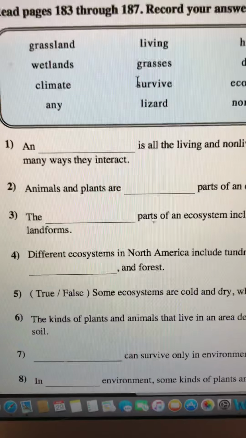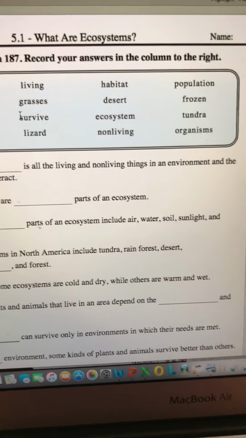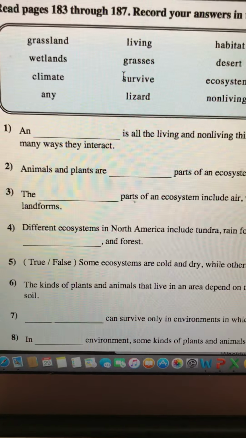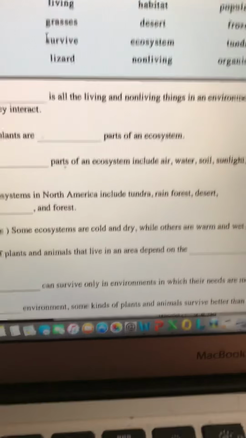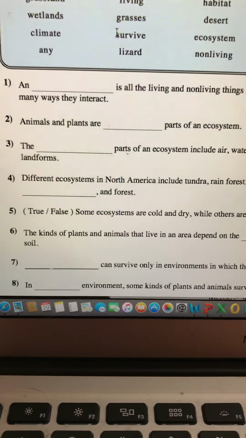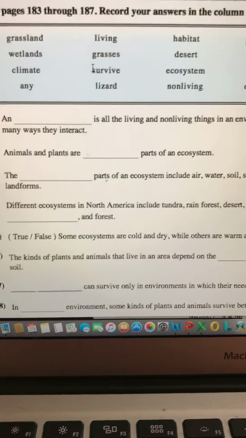Number 1. Blank is all the living and non-living things in an environment and the many ways they interact. Number 2. Animals and plants are blank parts of an ecosystem. Number 3. The blank parts of an ecosystem include air, water, soil, sunlight, and landforms.